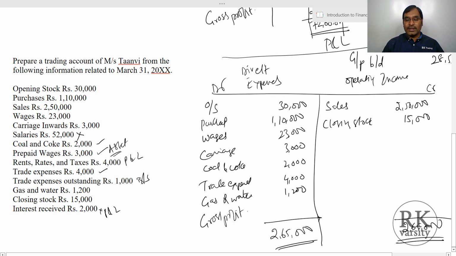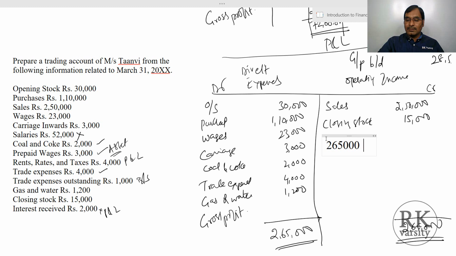So we'll make a calculation here. 2,65,000 minus 30,000 minus 1,10,000 minus 23,000 minus 3,000 minus 2,000 minus 4,000 minus 1,200.